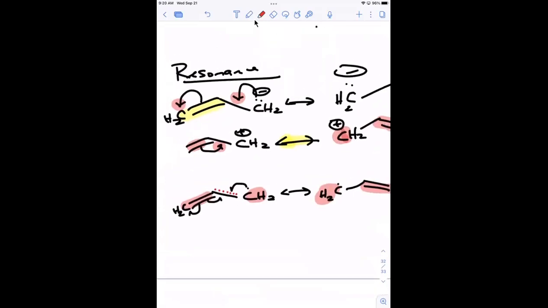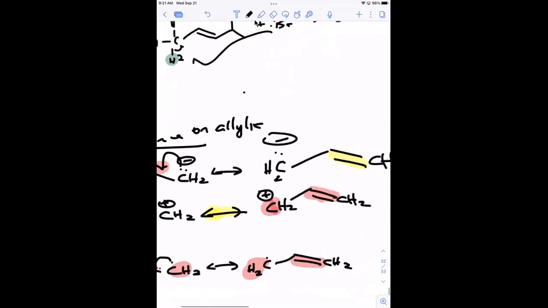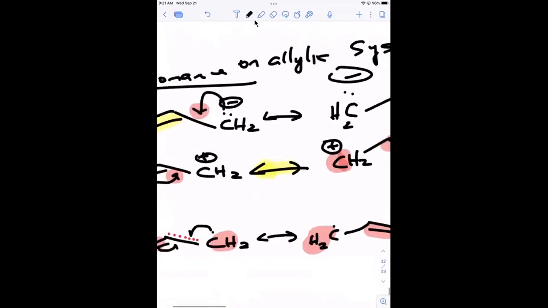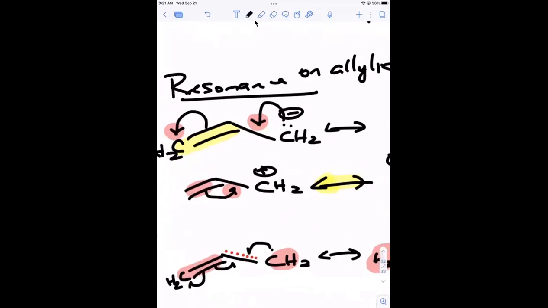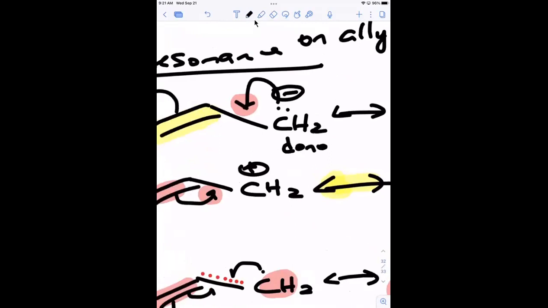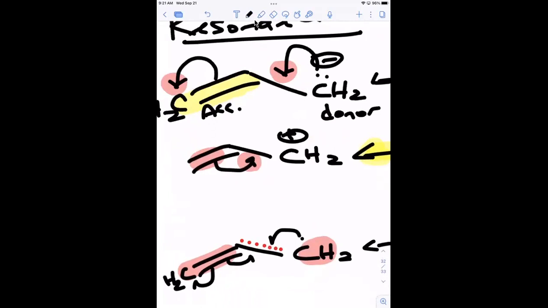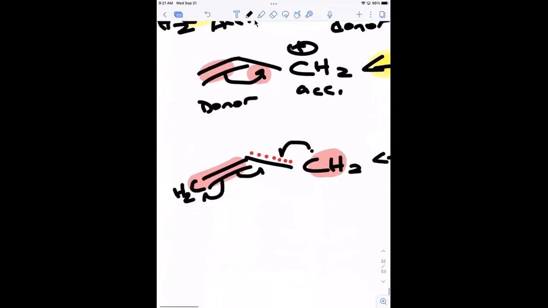Donor and acceptor, these are all allylic systems. You have a donor and acceptor adjacent to one another. For the anion, this is the donor, the pi bond is the acceptor. For the cation, this is the donor, this is the acceptor. For the radical, this is the donor, the pi bond is the acceptor.